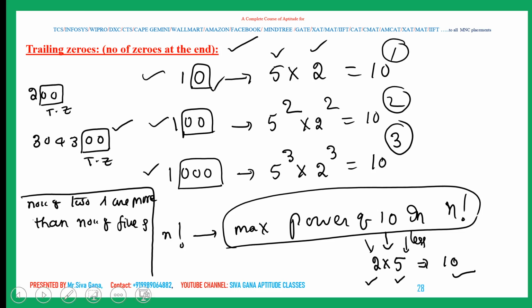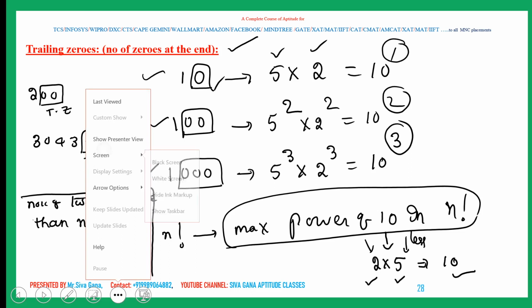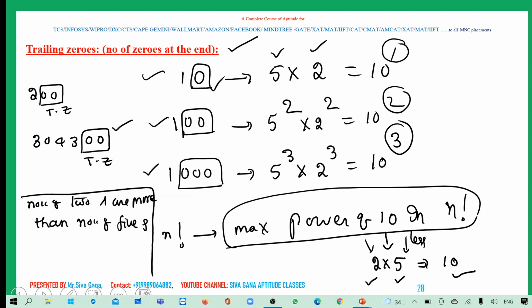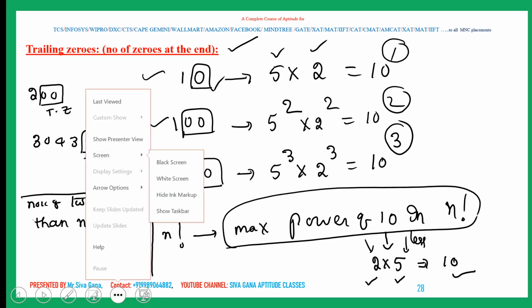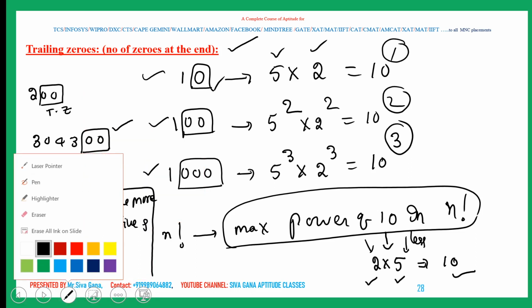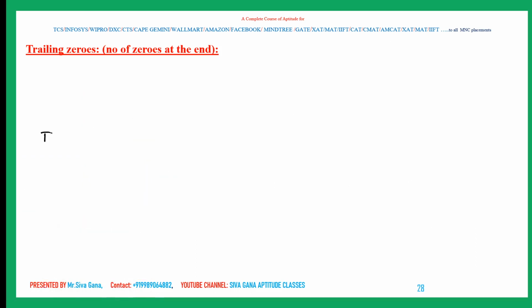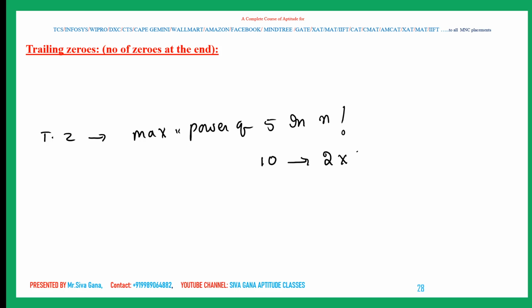So overall conclusion is, no confusion at all. Number of trailing zeros is equal to maximum power of 5 in n factorial. Actually, we need to calculate maximum power of 10. 10 is nothing but 2 into 5.